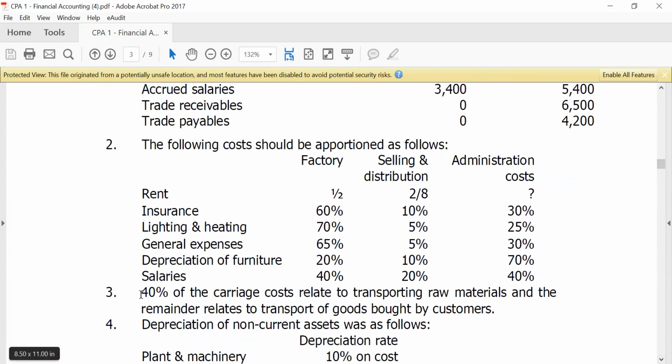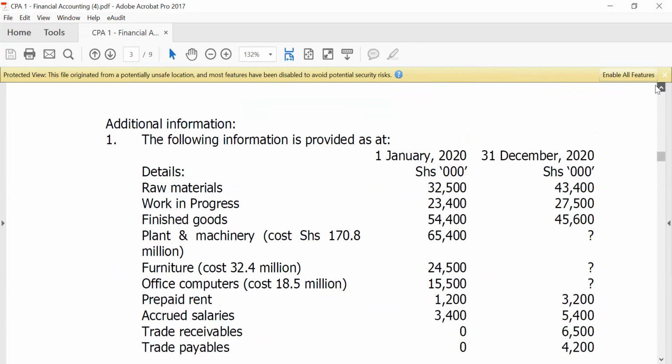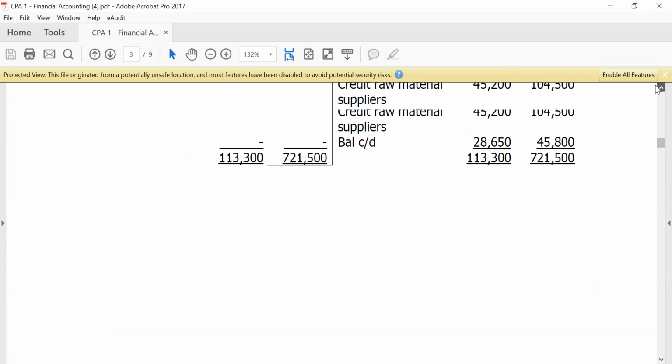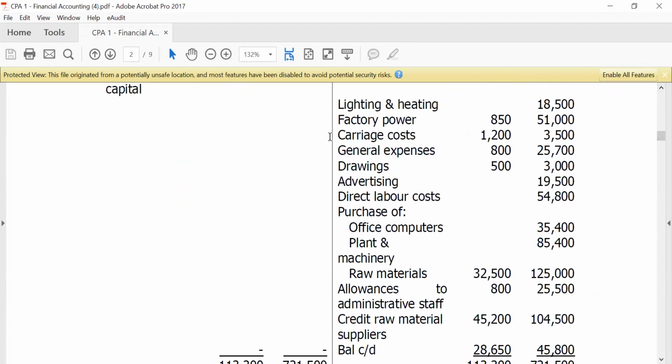So you see what they are saying here. They are saying 40% of carriage costs relate to transporting of raw materials, and the remainder relates to transport of goods bought by customers. So they are basically telling us that 40% of the carriage costs. Where are our carriage costs? Let's just see if we have the carriage costs here. Yes, we have the carriage cost. So under your cash book, this is what we have.